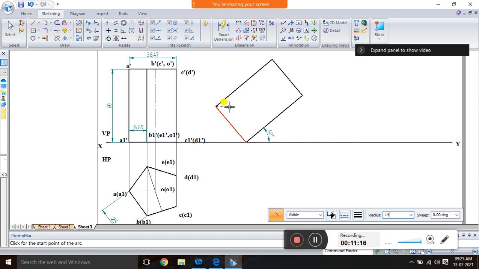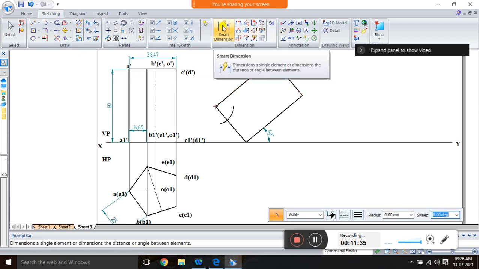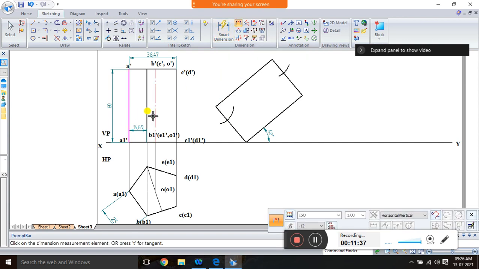Arc distance is 14.69, and cut the arc. Similarly place here, the arc distance is the same, cut the arc. And also for the axis, it is of 21.